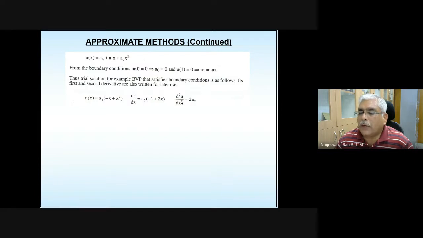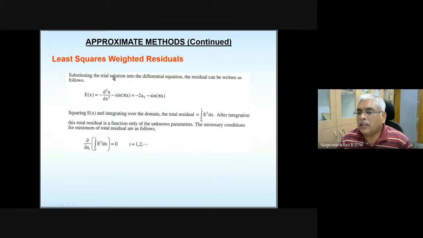And what is the error function? The error function is E of x equals minus the second derivative of u with respect to x square, minus sine pi x. The second derivative of u with respect to x square is 2a2. So the error function is going to be this one.